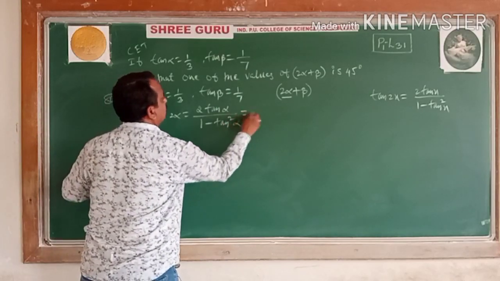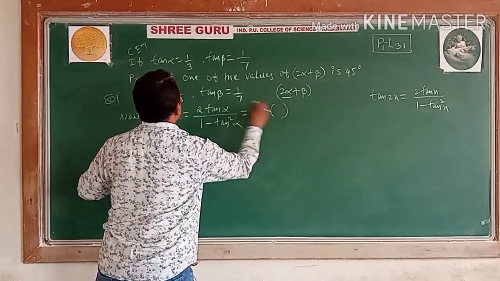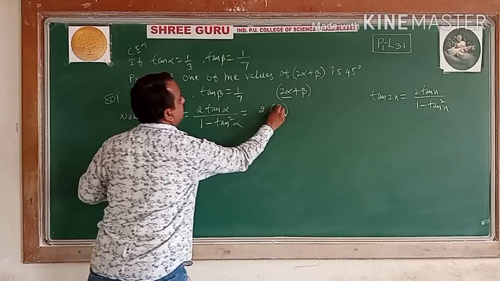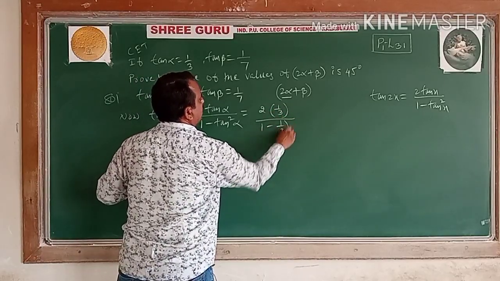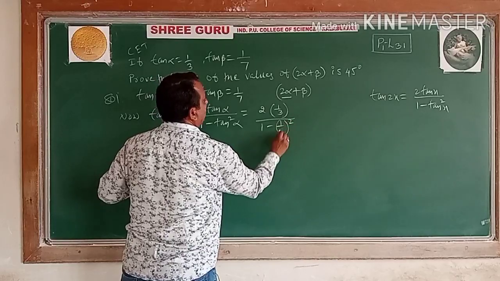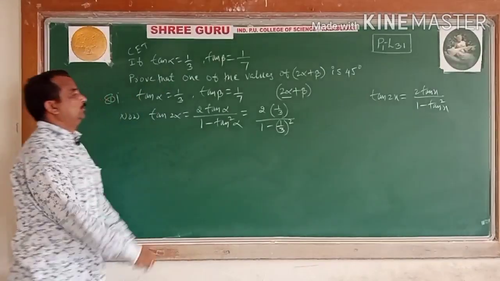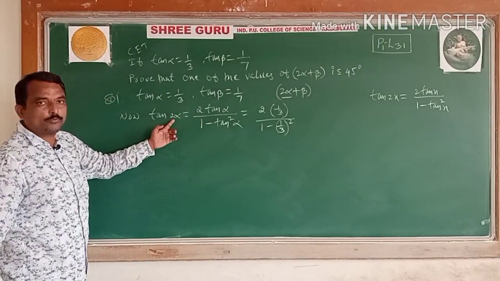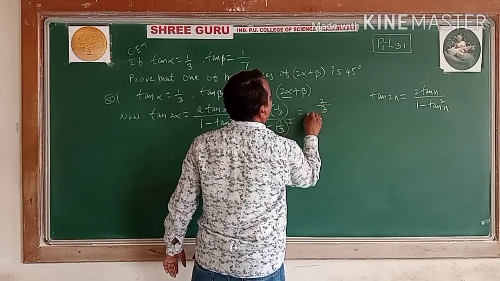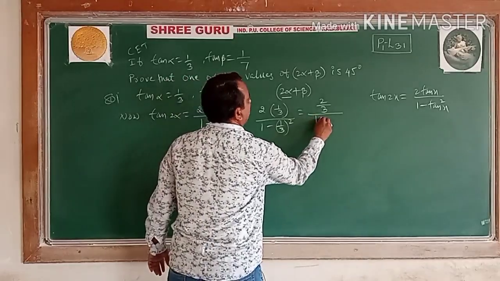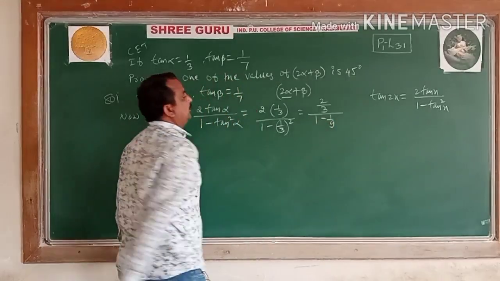Let us see how much this is. 2 into tan alpha, which is 1 by 3, divided by 1 minus 1 by 3 whole square. Simplify this and you will get tan 2 alpha. The numerator is 2 into 1 by 3, which is 2 by 3. The denominator is 1 minus 1 by 9, which is 8 by 9.